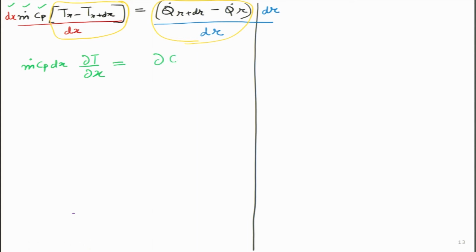So, we get del q dot r by del r, and this is the dr over here. I think there should be a minus sign over here. So, we will put a minus sign because I am taking a differential from the small to the big quantity.